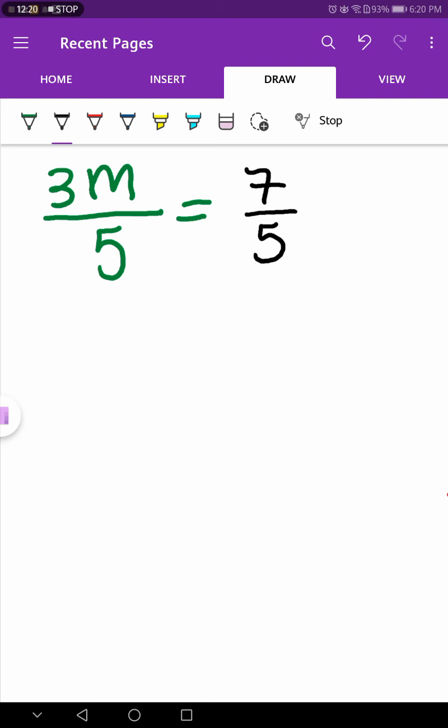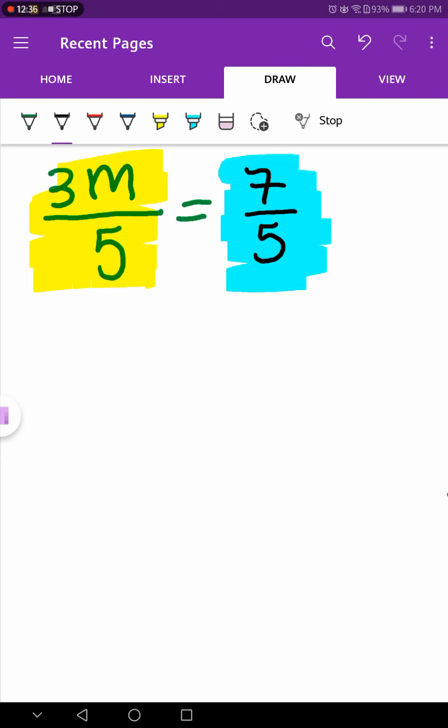Now let me remind you something. In solving proportion, we said that if I have one fraction on the left and one fraction on the right, I can do the cross multiplication.